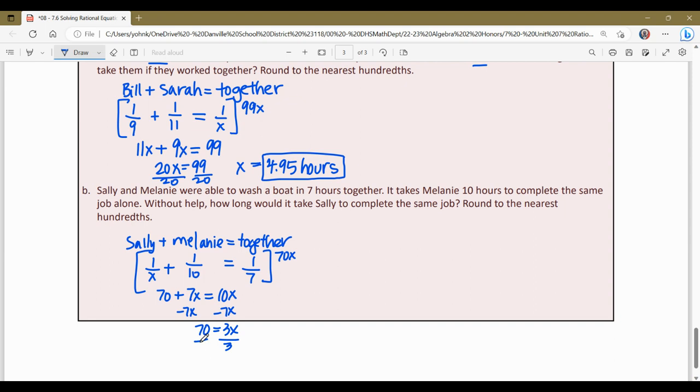Divide by 3. It says to round to the nearest hundredths. This gives us 23.33 hours. So I think Sally needs to really get some help because 23 hours washing a boat is a long time.